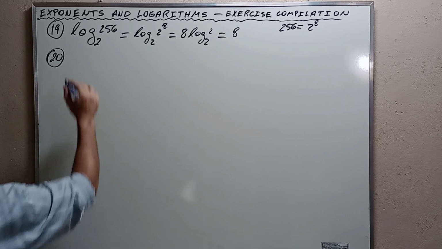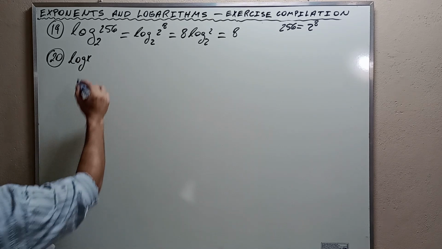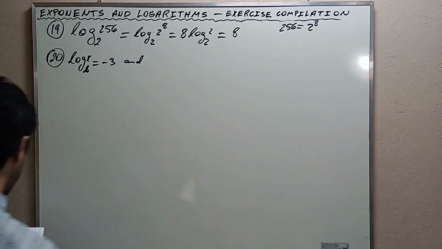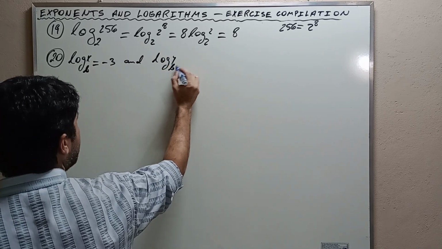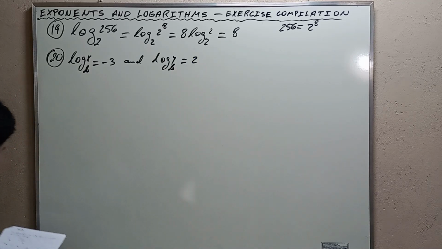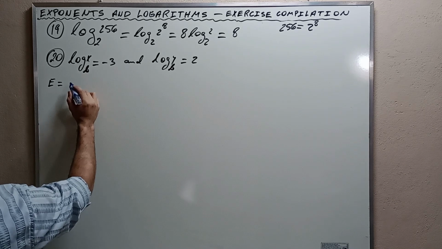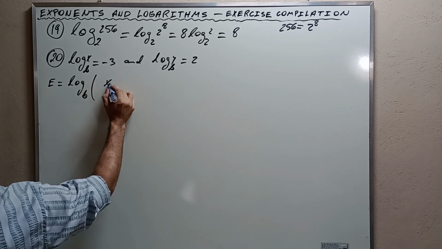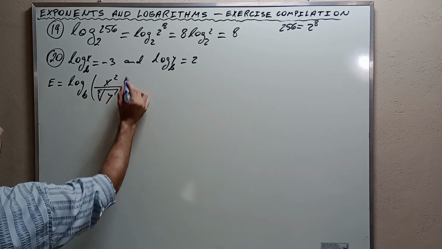If the logarithm of x base b is equal to -3, and if the logarithm of y base b is equal to 2, calculate the value of e, where e is equal to the logarithm base b of x squared divided by the 5th root of y. Okay?